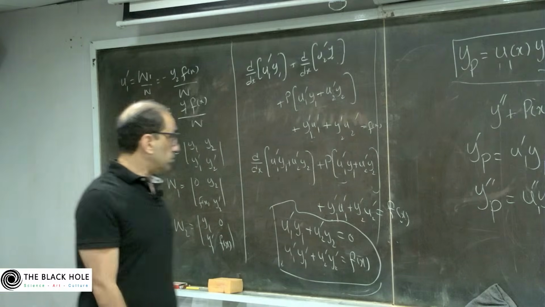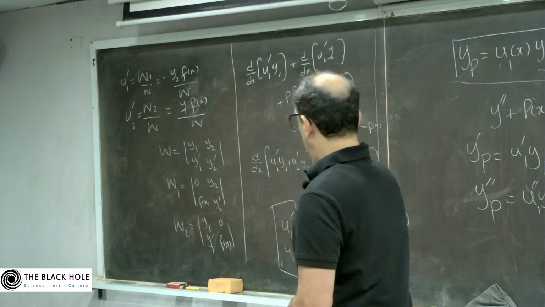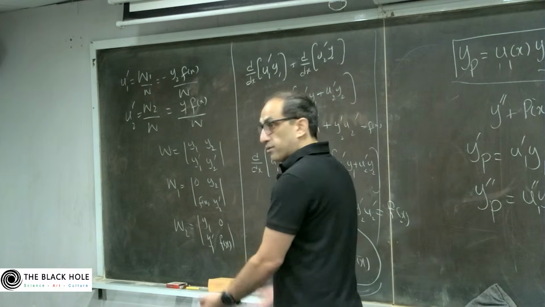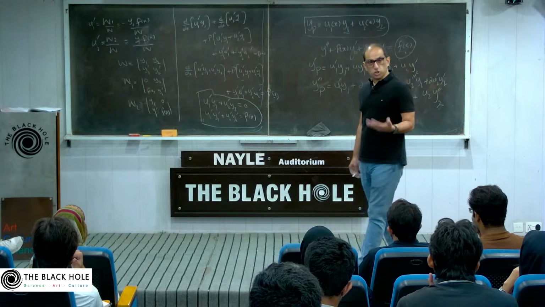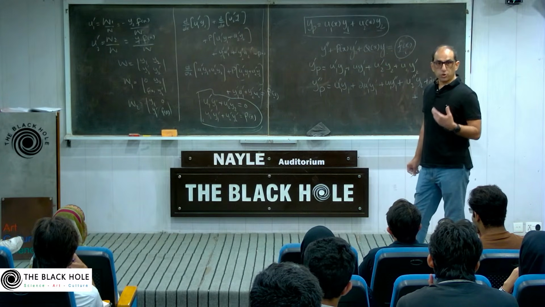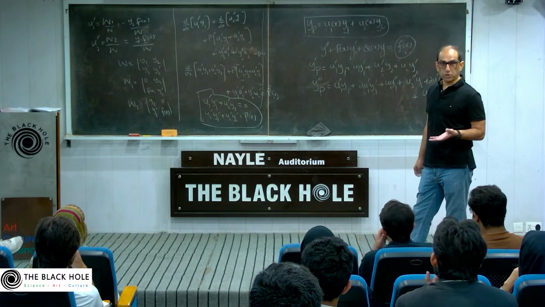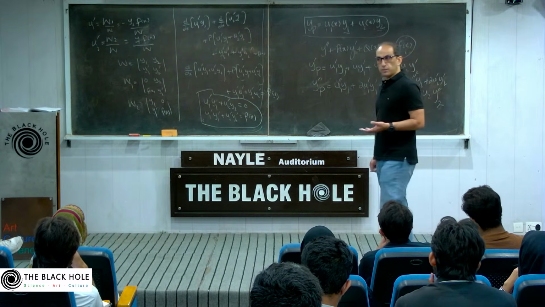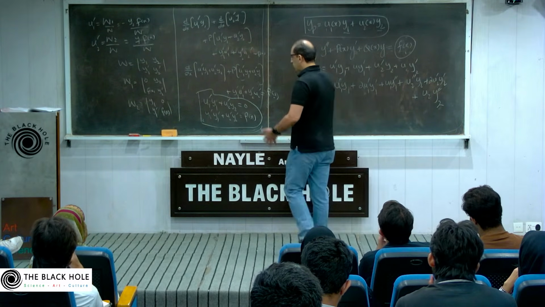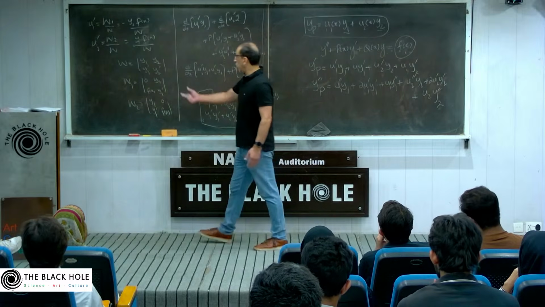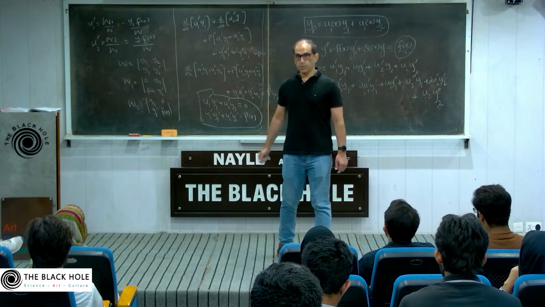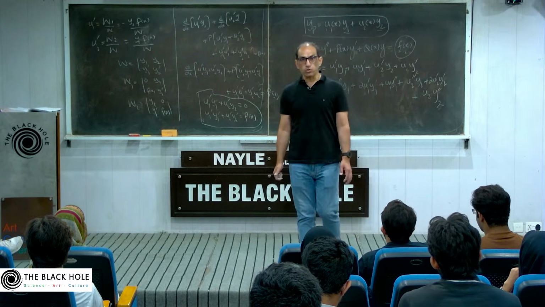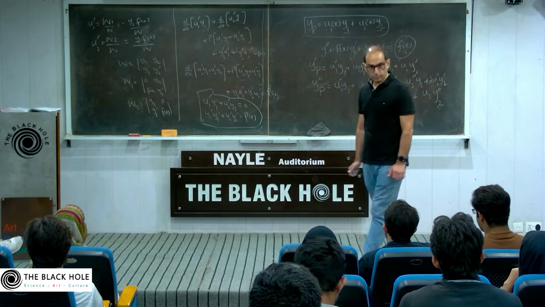So now you can immediately realize why initially it was said that unless you know the associated homogeneous part, you will never be able to find the particular solution, because everything here involves y1 and y2. And if y1 and y2 are not known, you cannot know anything. Okay?